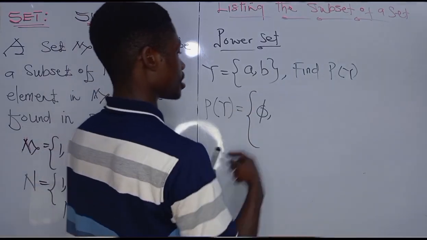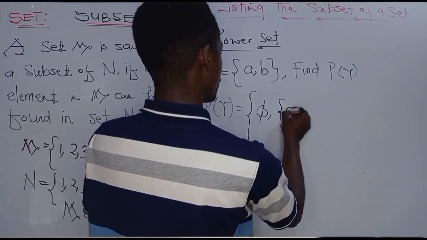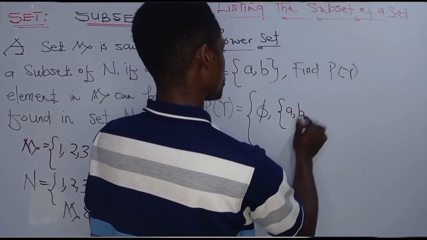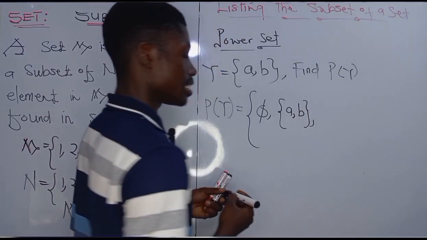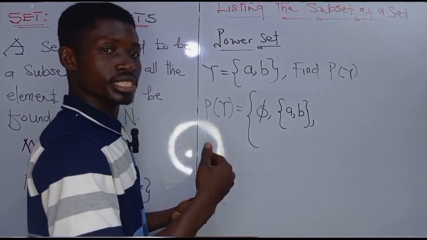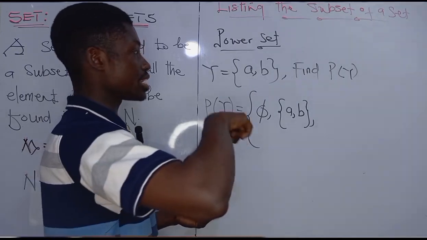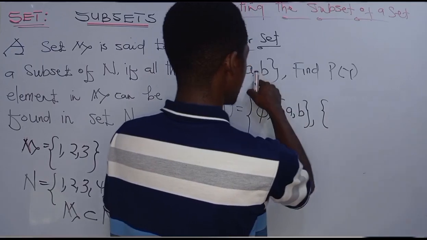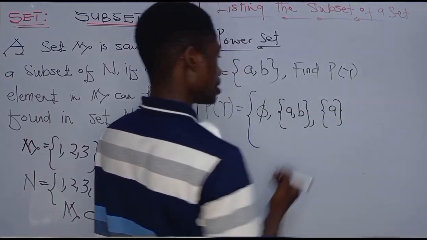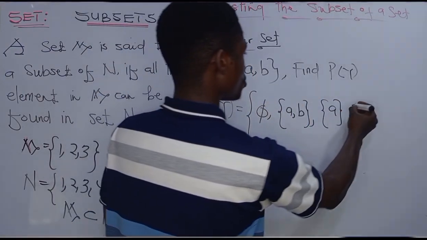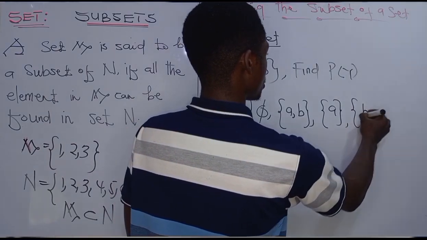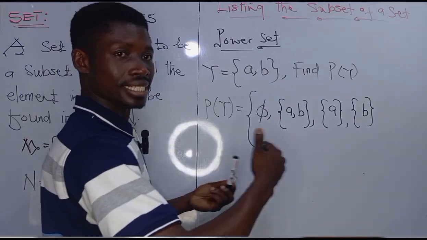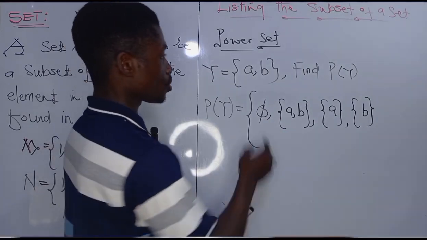So this is the set itself, you have A and then B. And then after that, you take the individual elements within the set, you place each in a nice curly bracket. So we have A, you put it in a curly bracket, then you move on to B, you put it inside a curly bracket. Then after that, you combine the elements together. So we have AB.